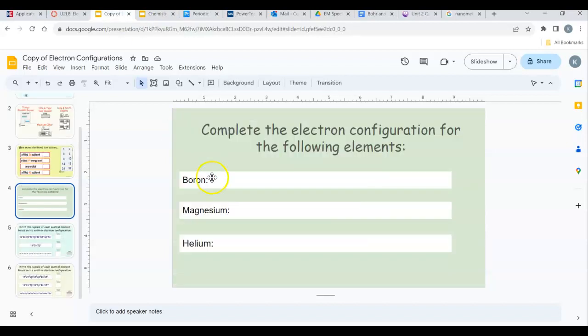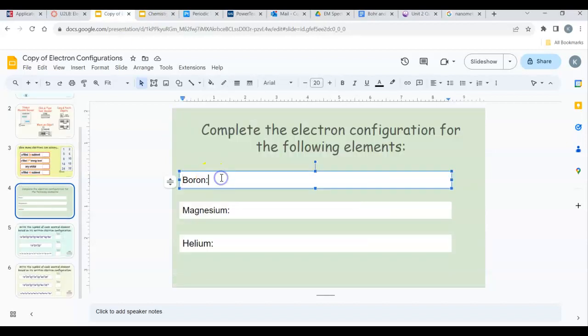So it'd be, type in here, 1s2, 2s2, 2p1. Okay, and if you wanted to make it beautiful, you could make these superscripts as well. But if you are typing it just without the superscripts, make sure you put a space in between them just so it makes it easy for me to grade it.